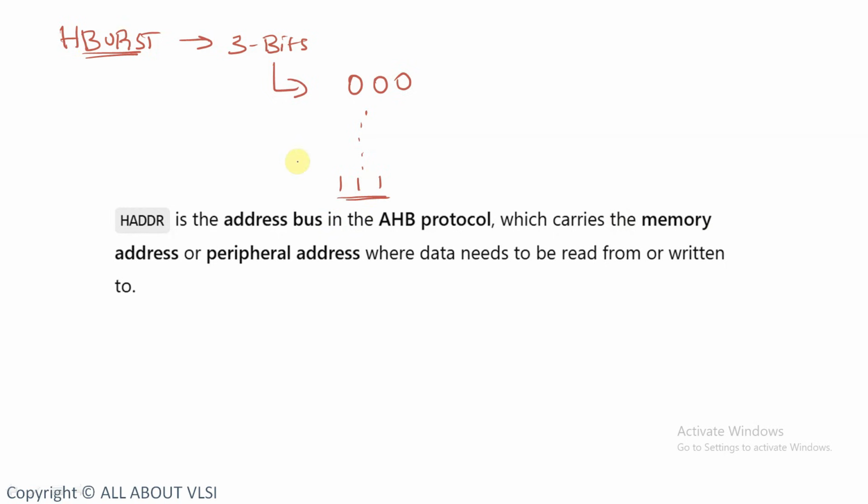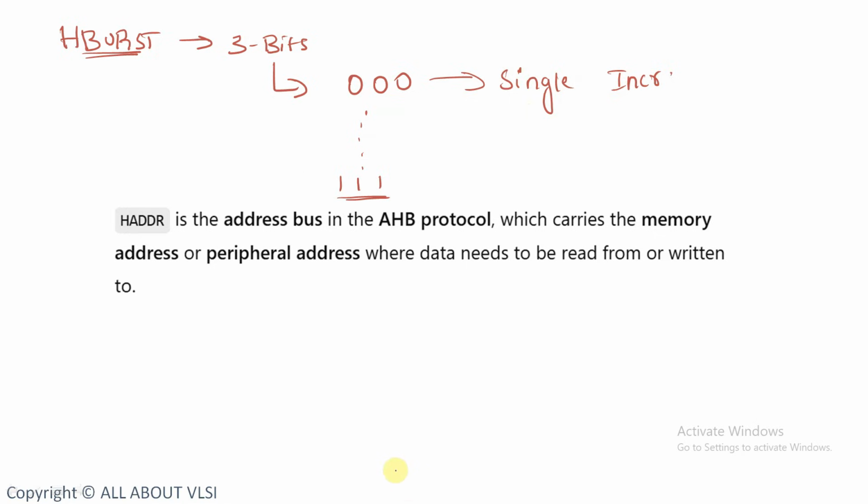We have different combinations: if it is 0 0 0, it is single, and we have WRAP 4, WRAP 8, INCR 4, INCR 8. These are the different types of burst.